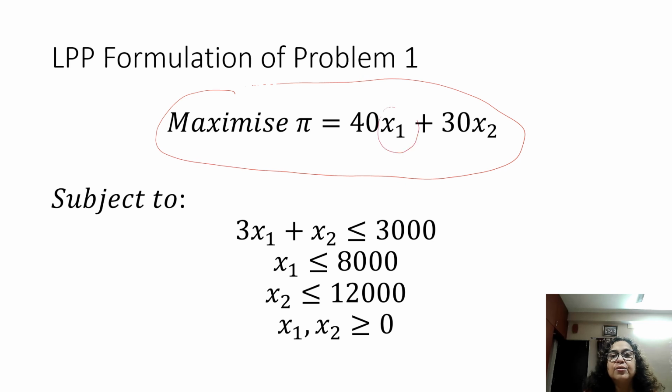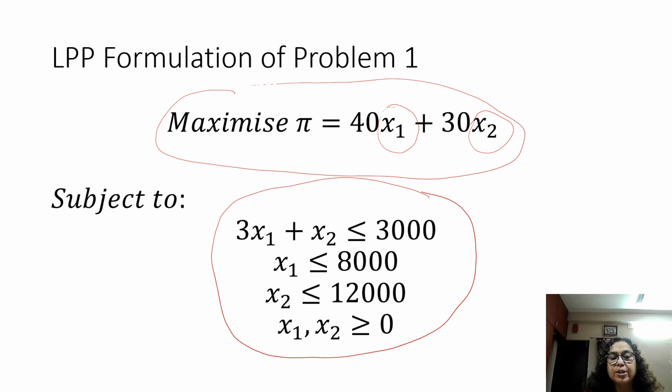These are the decision variables x1 and x2. This objective function tells us what the objective is, maximization or minimization. And this is the constraint. These four are the constraints. So three are inequality constraints and one is the non-negativity constraint. Next, we move on to the next.